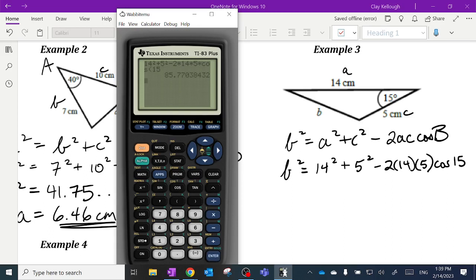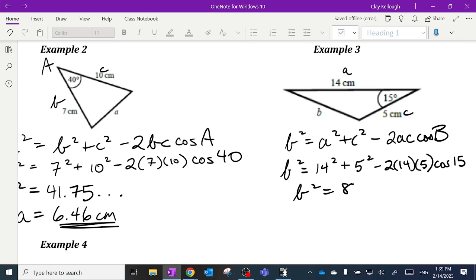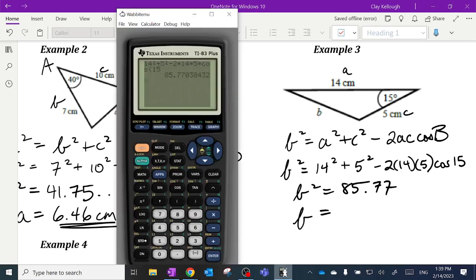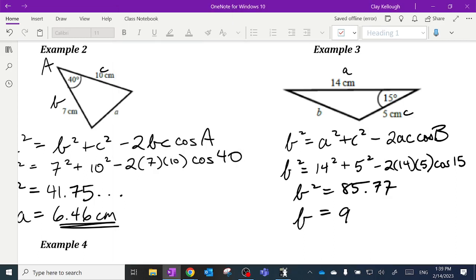B squared is 85.77, which is, again, not really the side. It's the square of the side. So I square root to get my answer. Second function, square root of my answer. 9.26 centimeters.